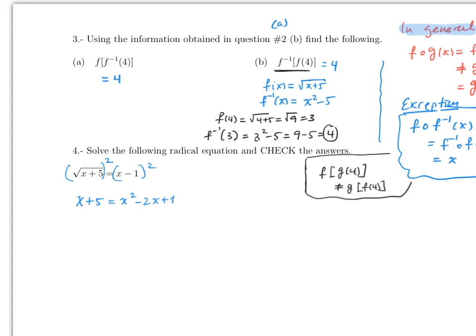And then you say this equals 0, so this will be x squared minus 3x minus 4. Factor, so this is x minus 4 times x plus 1. So therefore the solutions, or the possible solutions, are 4 and negative 1.